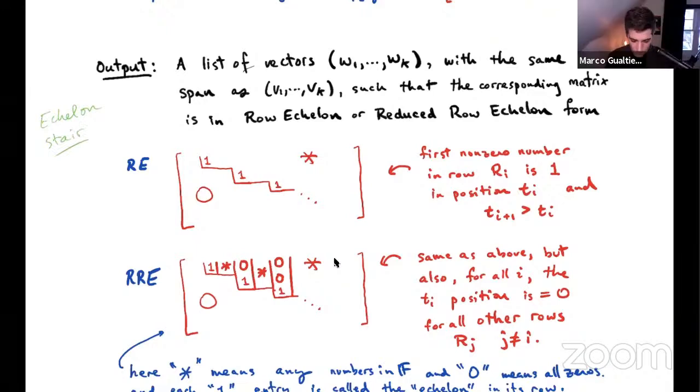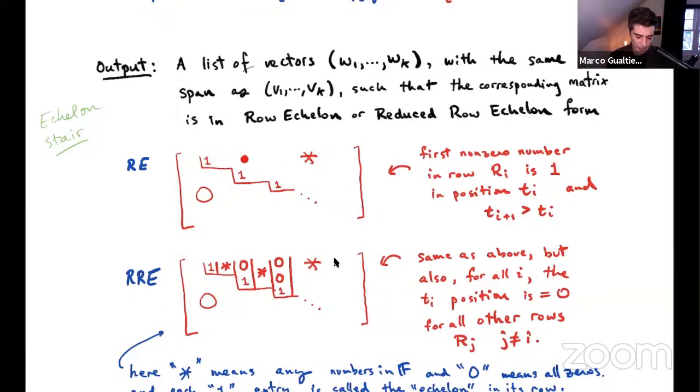The way it looks is that if you look at the first row, there may be some zeros, but at some point the zeros will stop and I'm going to get a 1. And then after that could be anything at all. Then the second row: 0, 0, 0, 0, 0, and then a 1, and then any numbers after the 1. So the notation here is that I have a big 0 here, which is all zeros underneath the staircase. Then I have a staircase where at every stair I have a 1 in the corner, but above this, it could be anything.